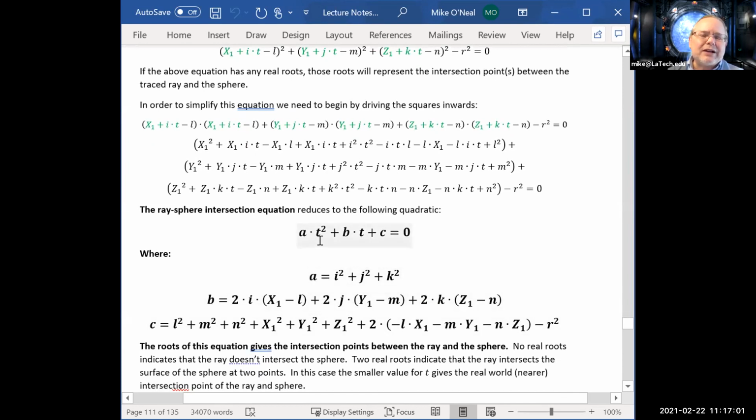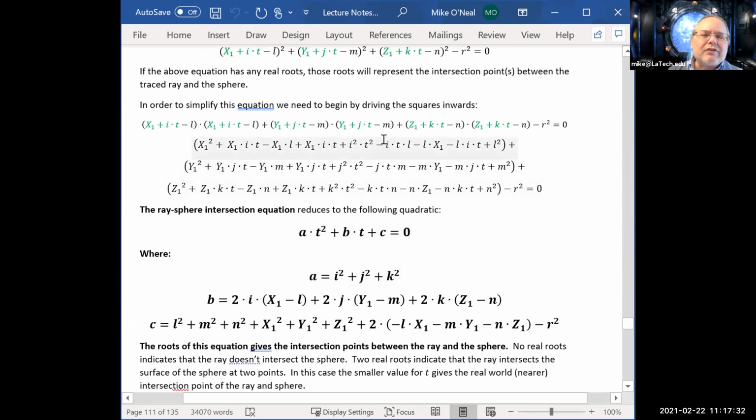Everything that was multiplied by t squared is in A. And you can look at it and say, that's true, because if you look at like here, k squared is multiplied by t squared, right? So that's why k squared is here. And if we find j squared, we'll find the same thing, j squared times t squared, so there's our j squared, right?